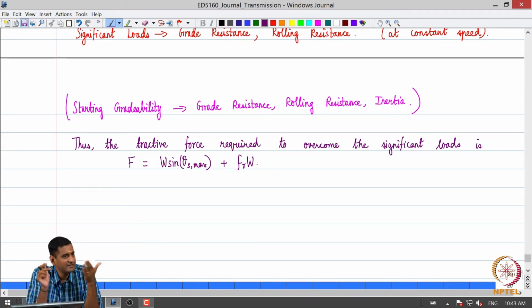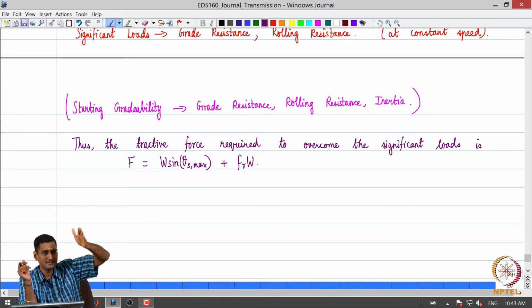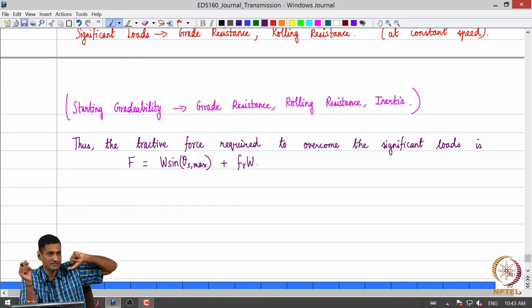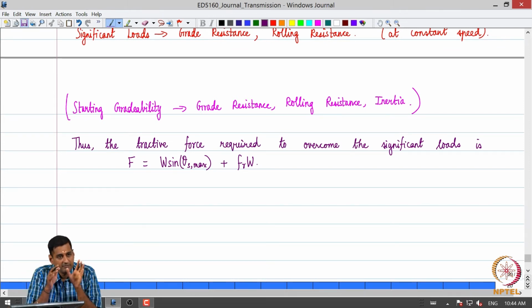Anyway we are dealing with low speeds. If you recall the ideal traction hyperbola, when you are going at low speeds on grades, we want to essentially have a high force, because we want to overcome these resistances, which are significant on a grade. So the way this requirement is matched to the gearbox is that we would engage the first gear when we are going on this grade.